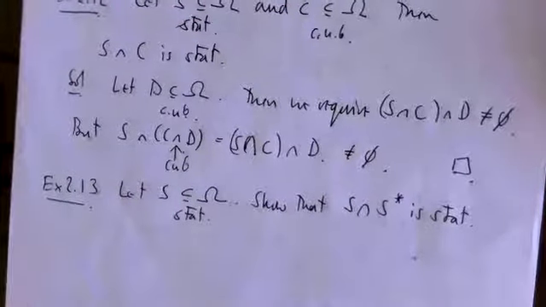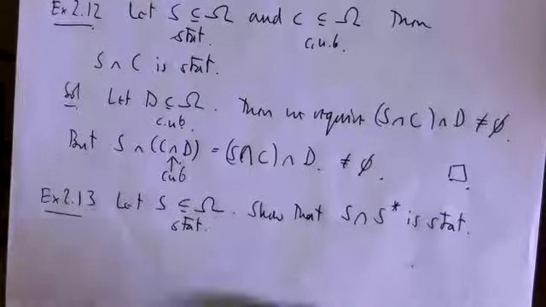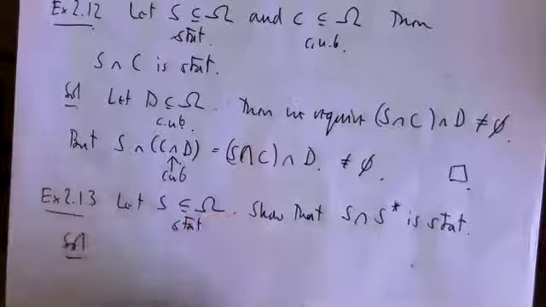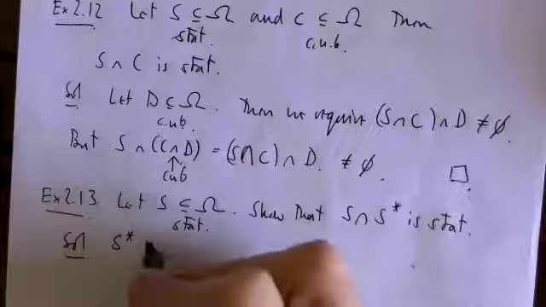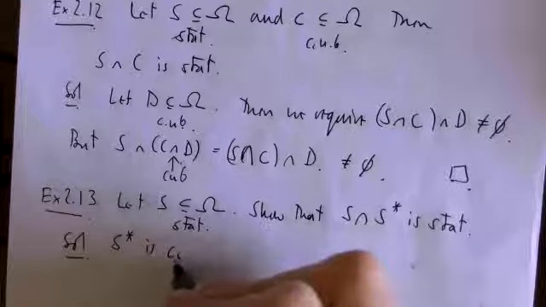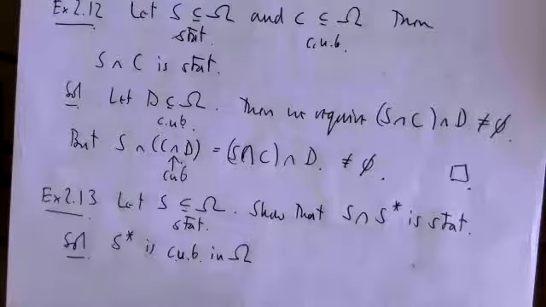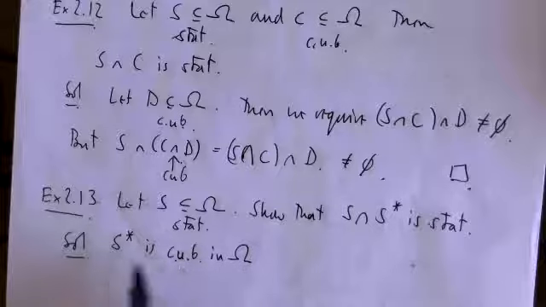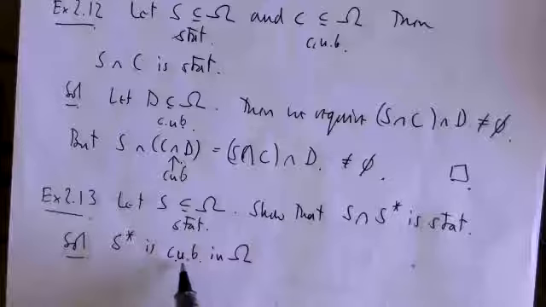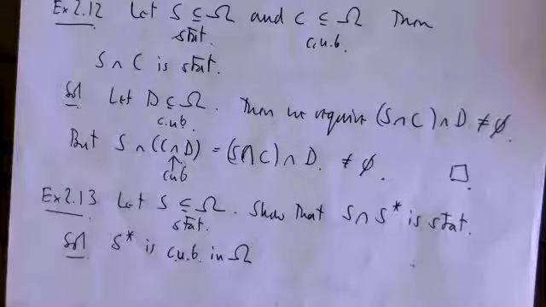Well, that's just two observations. Solution: S star is CUB in omega. It's unbounded in omega because S was unbounded in omega, and S star is the collection of closure points of S. So it's closed.